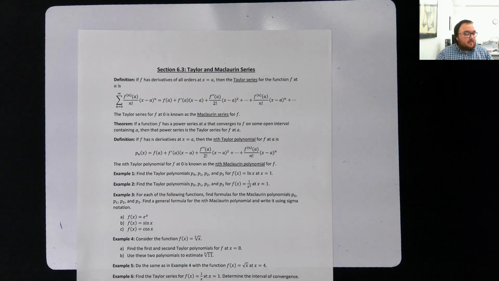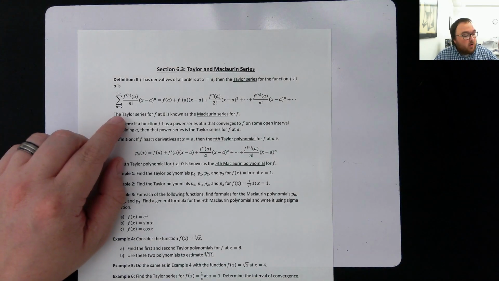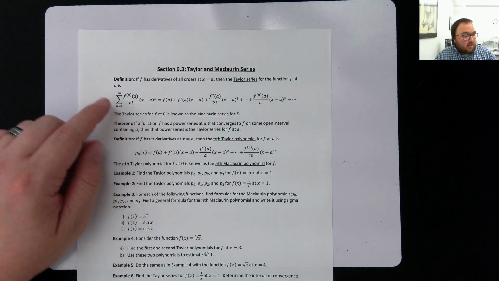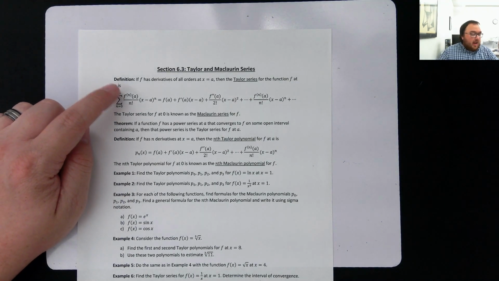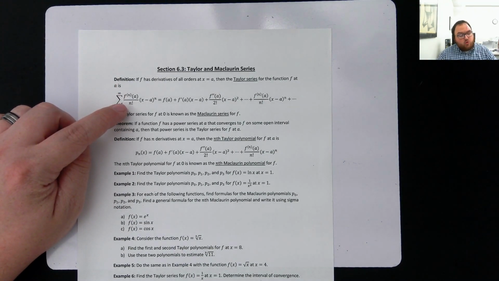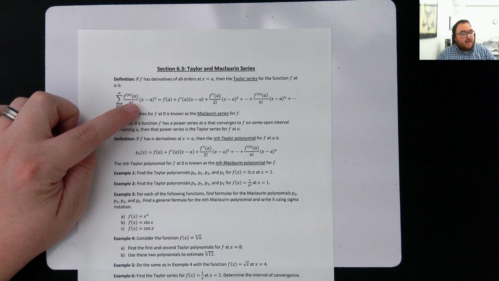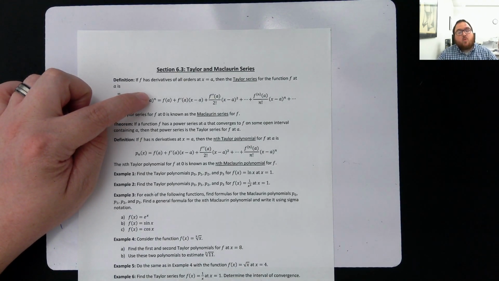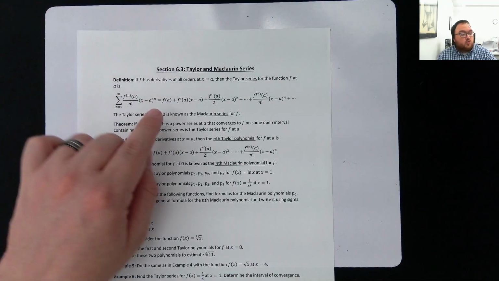Then the Taylor series for the function f at a is equal to the sum of the nth derivative at a divided by n factorial times x minus a to the power of n. So if I plug 0 in first, that's just f of a over 0 factorial times x minus a to the 0, which would simplify down to just f of a.